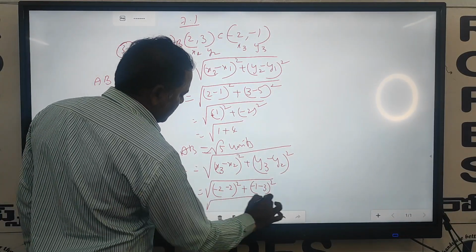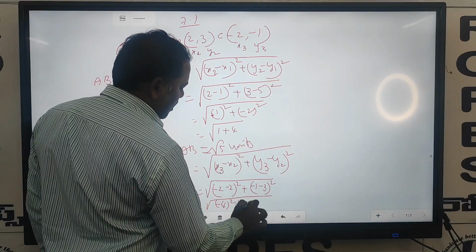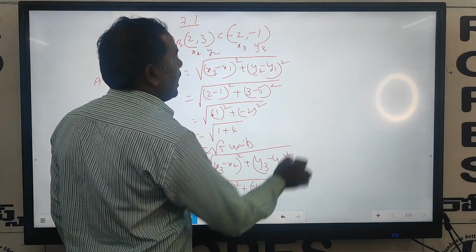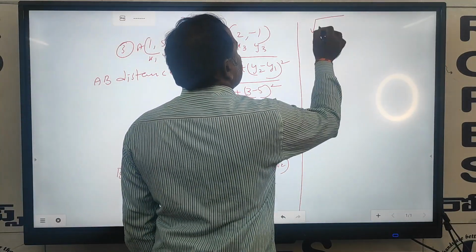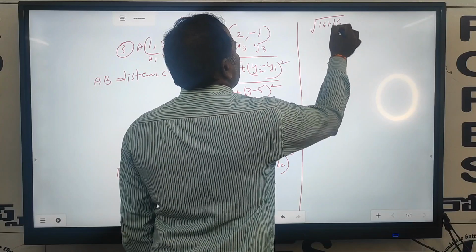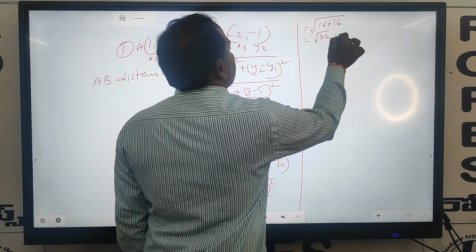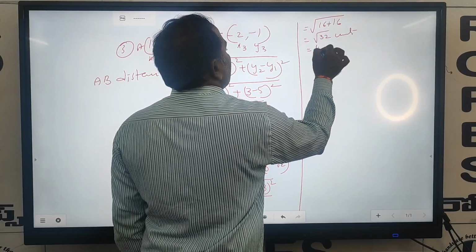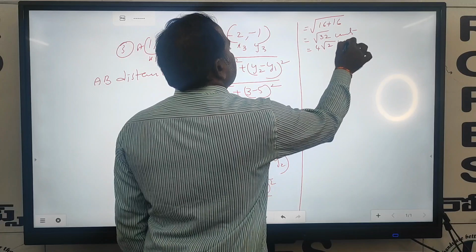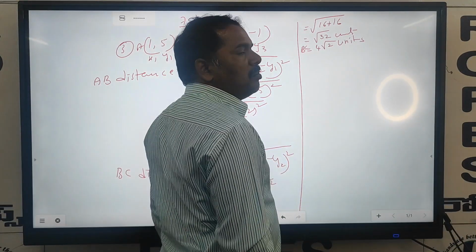That is (minus 4) whole square plus (minus 4) whole square, 16 plus 16, which is root 32 units. Again we can write this as 4 root 2 units. That is BC.